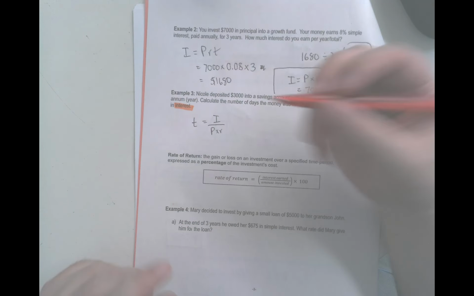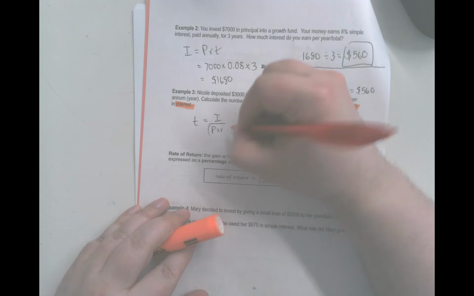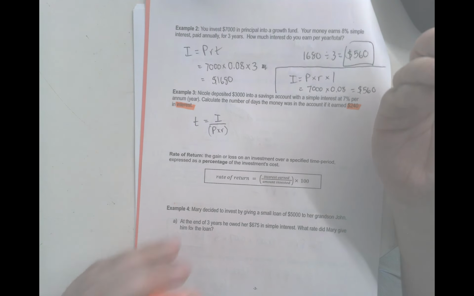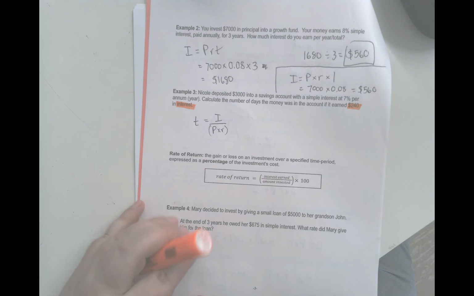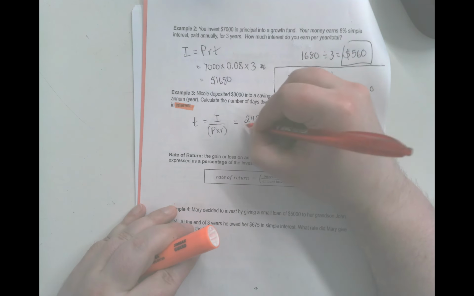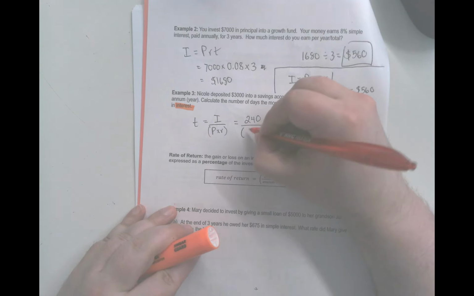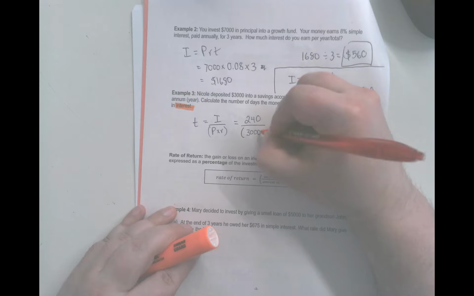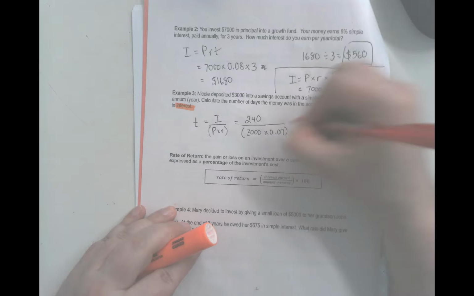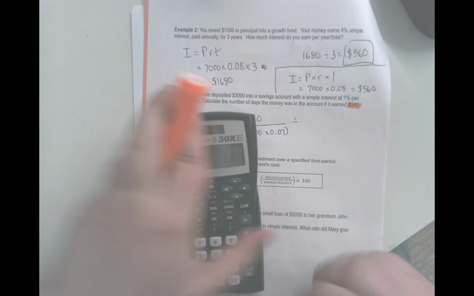And again, because I have multiple things in my denominator, if you're the kind of person that does your whole calculation in one big step, put brackets around your denominator, otherwise your calculator will not calculate it properly. So this is 240 divided by bracket 3,000 times 0.07 because my interest rate is 7%.